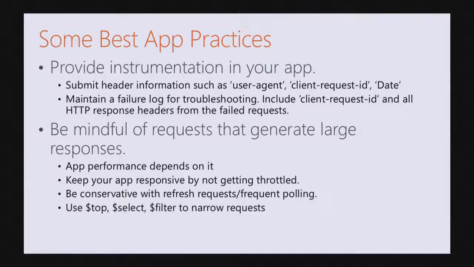There are throttling policies in place which will slow you down or even stop responding to you if you are extremely chatty. Again, as I said, using these best practices and using OData can also help you reduce the payload that you both send and get.